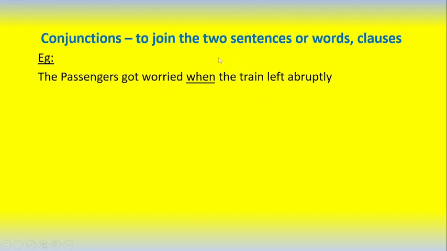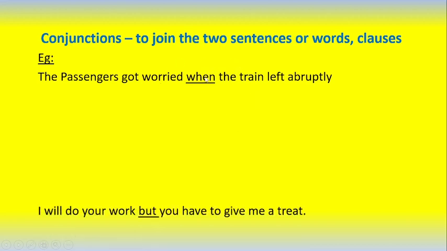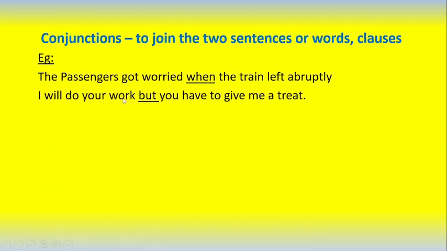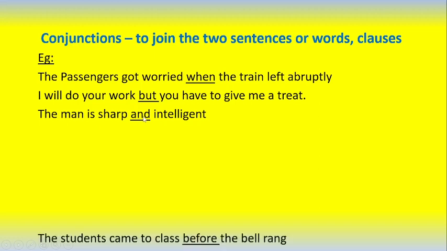This is joined by the conjunction when. I will do your work, one sentence. You have to give me a treat, another sentence. These two sentences are joined by a conjunction called but. The man is sharp and intelligent. See here, sharp and intelligent, two words are joined by the conjunction and.